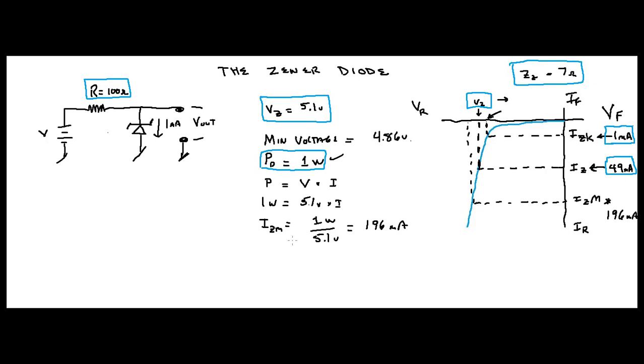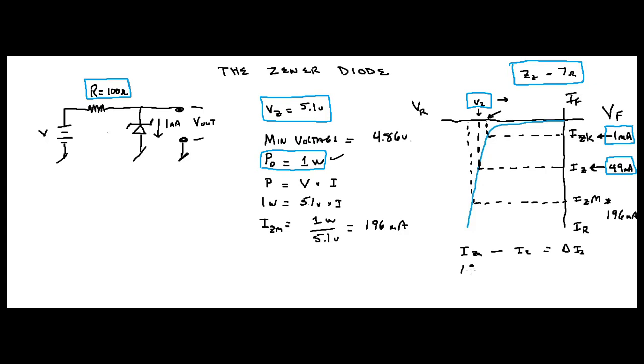So pretty much we have to do something similar. So we're going to have to find out the change in voltage, right? So why don't we do that over here, why not? We have IZM minus IZ is equal to delta IZ, right?